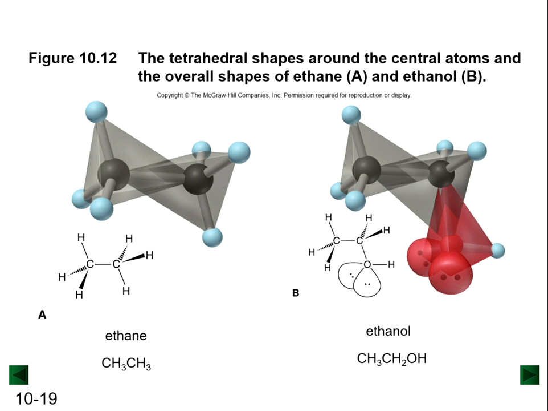Therefore, around each carbon we will have a molecular structure, and around each one we have a tetrahedral electron group arrangement. And since all the atoms are involved in bonds, then we have a tetrahedral molecular structure around each carbon atom.